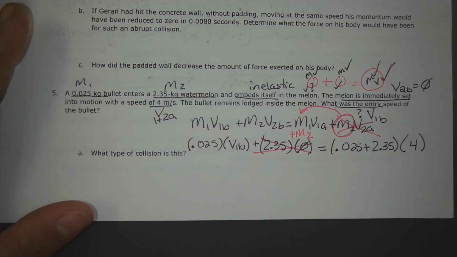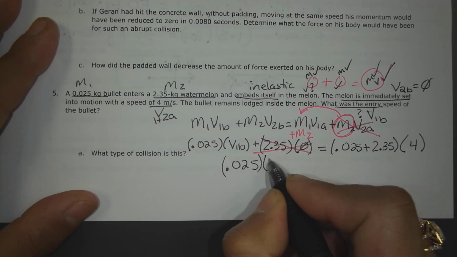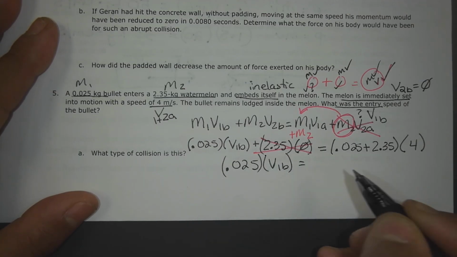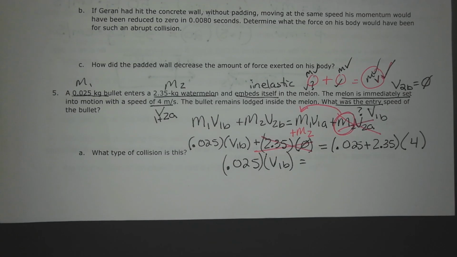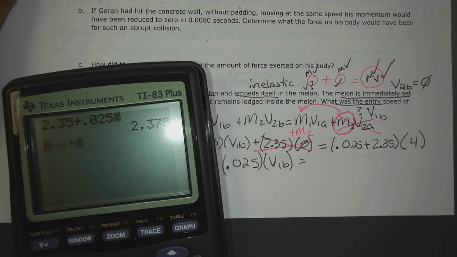Now for this situation, it's going to be 0.025 multiplied by V1B equals, I need to add those two numbers together. I'm just doing it right here on the spot, so let me double check. 2.35 plus 0.025.